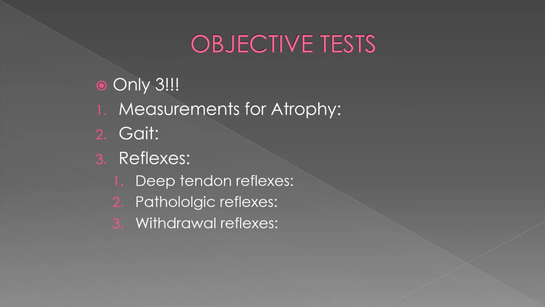So the principle that I want to leave you with here today is that true objective findings are accompanied by some form of evasive action. Evasive action is a manifestation of the withdrawal reflex.